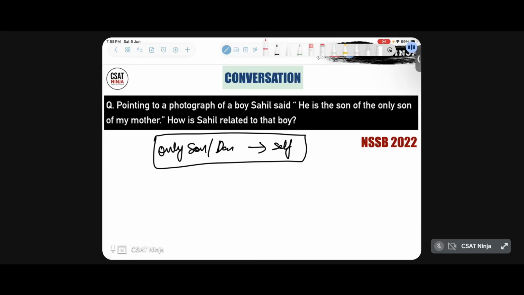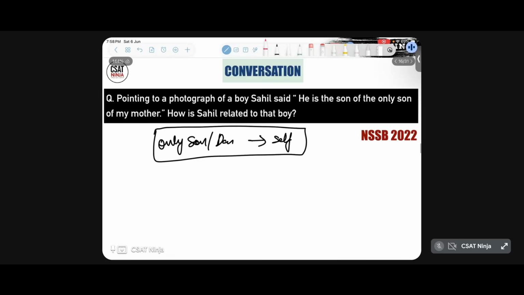Let's just follow the statement once. Until and unless the question is hard, we can solve it directly, okay? He is the only son of my mother. So with the key that I gave you, only son means he is referring to himself. So he is the son of the only son, that means himself, which is Sahil, only son of my mother.